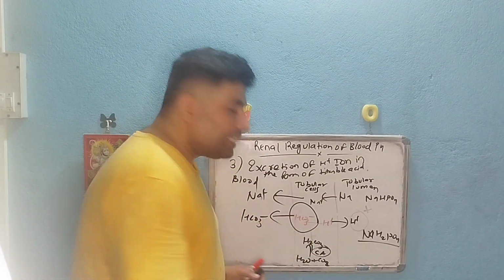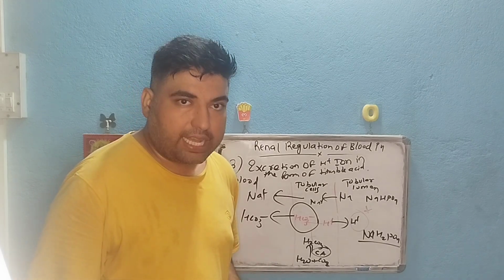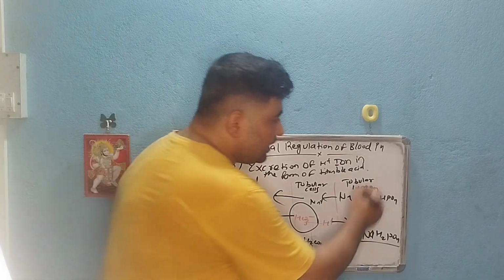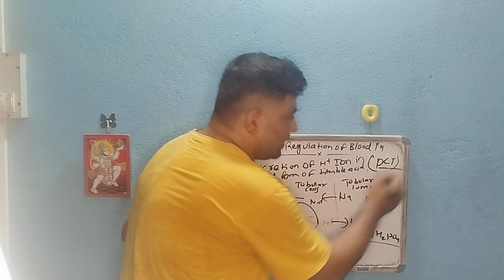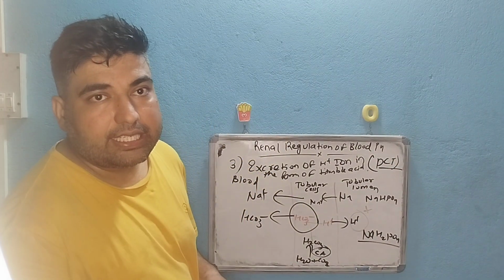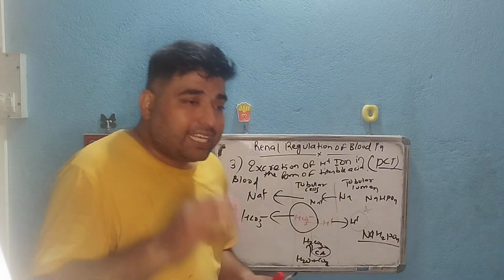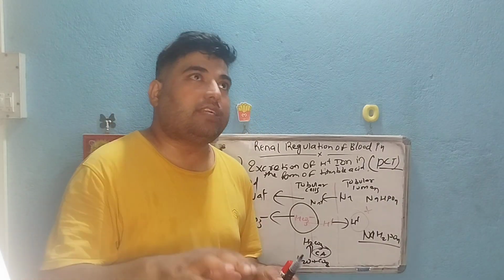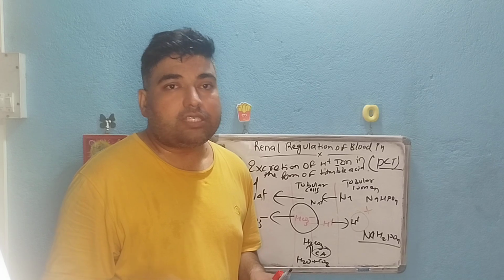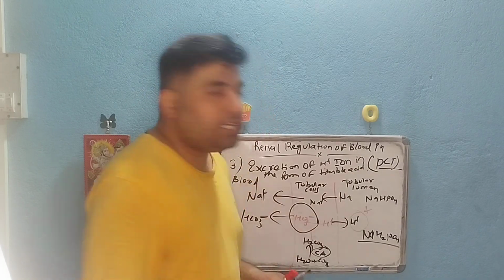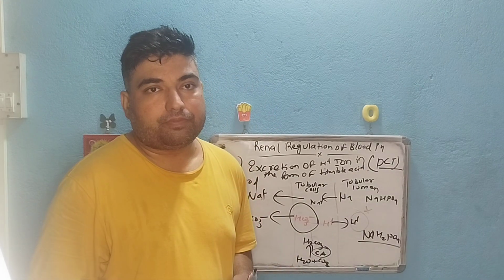One more thing, this process occurs at the distal convoluted tubules. The secretion of H plus ions starts from the proximal tubules and continues till the distal convoluted tubules.